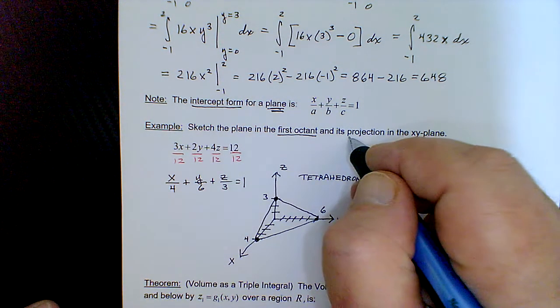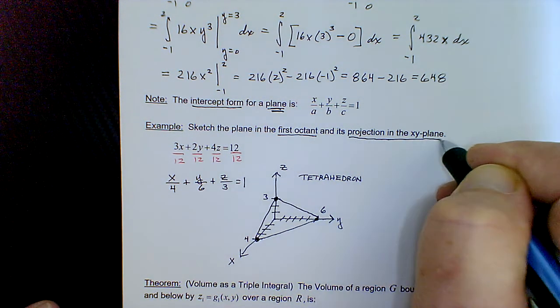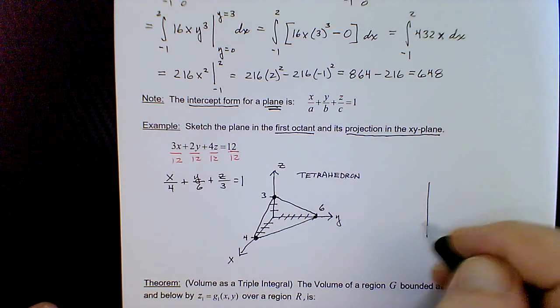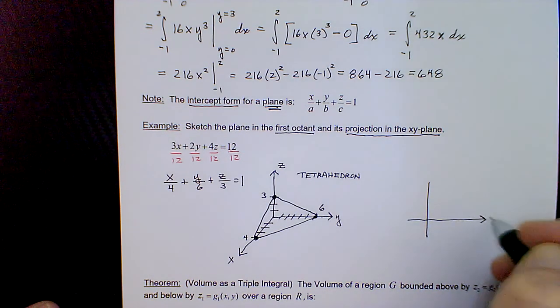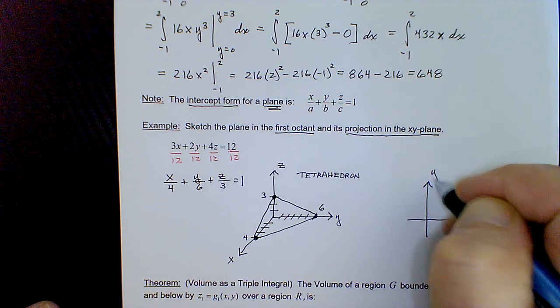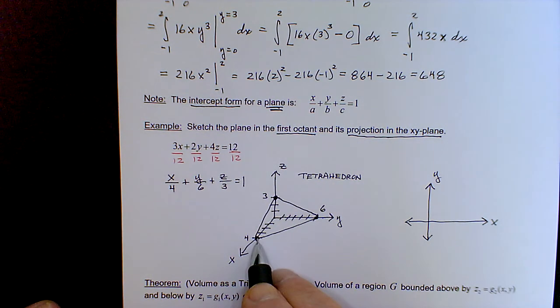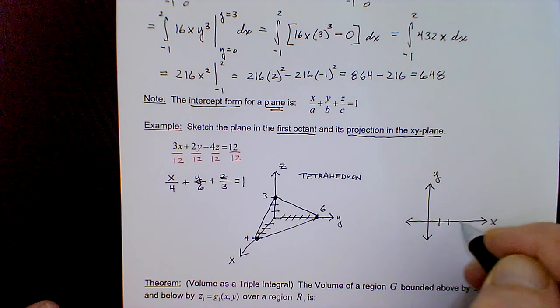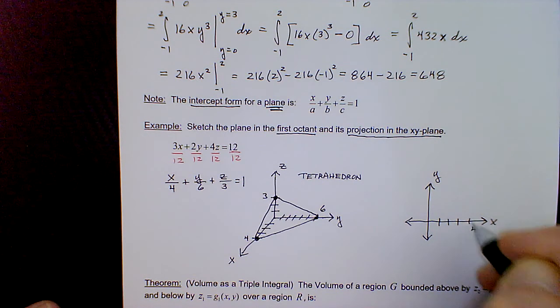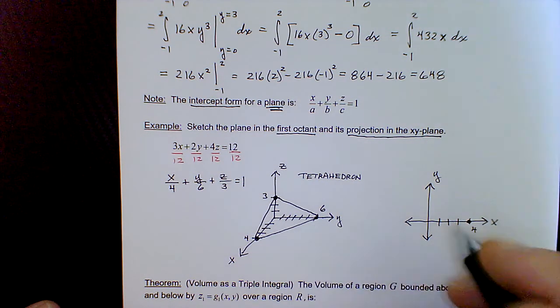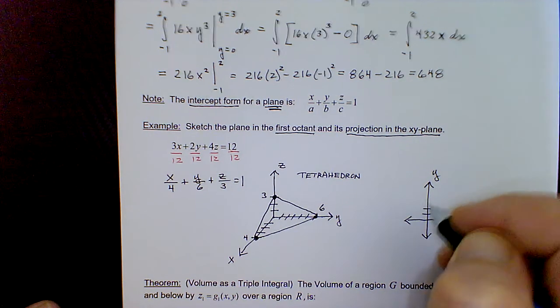But its projection in the xy plane we're going to be interested in, as we'll see in the next example. So if we just consider what it looks like in the xy plane, it intercepts the x-axis at 4, and it intercepts the y-axis at 6.